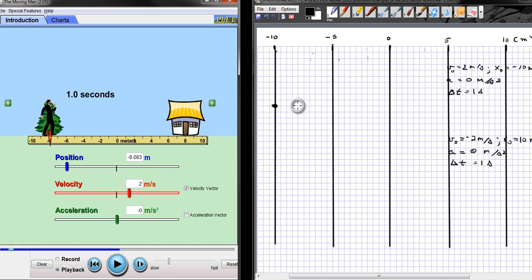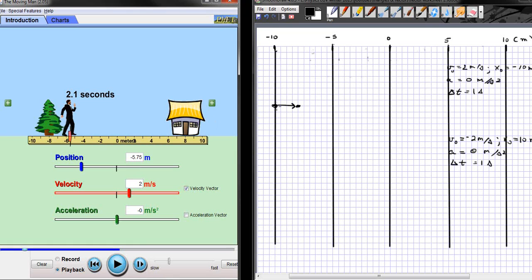He's gone in time delta t of 1 second. He's made a displacement from there to there. Okay. If I let him go another second, he's going to be at -6.